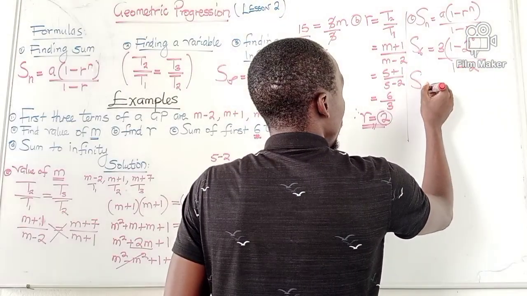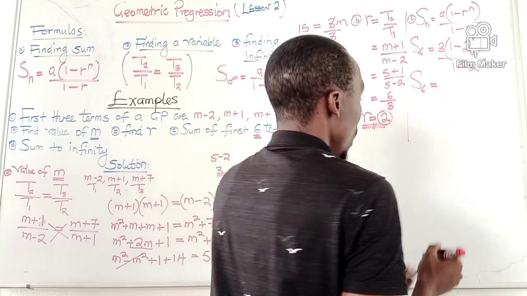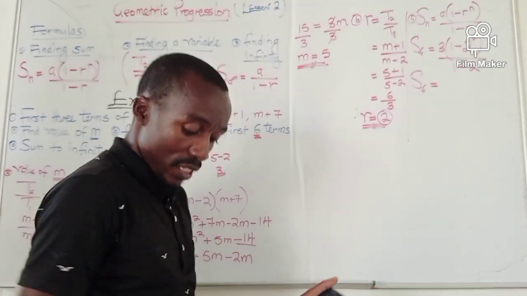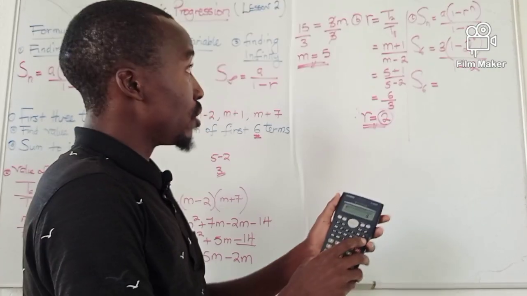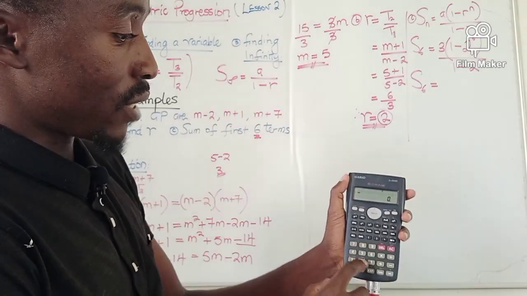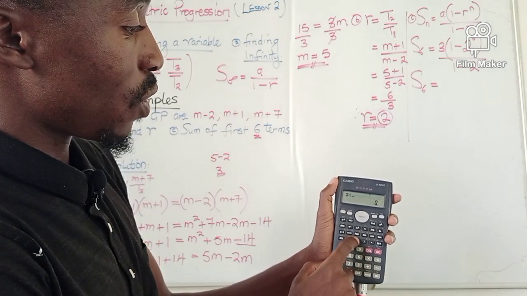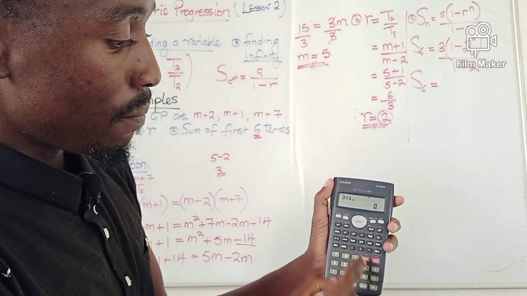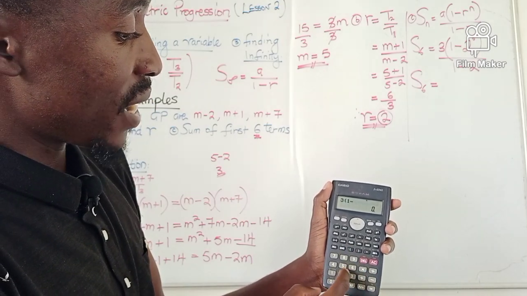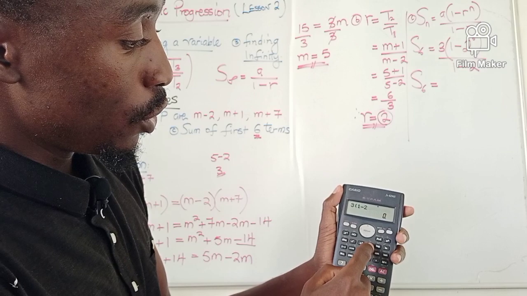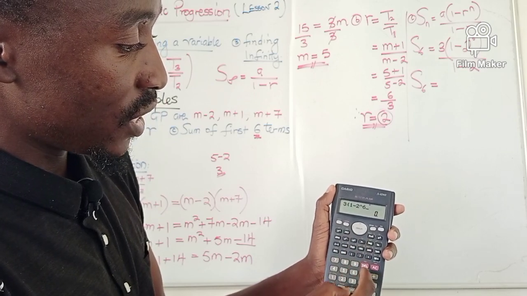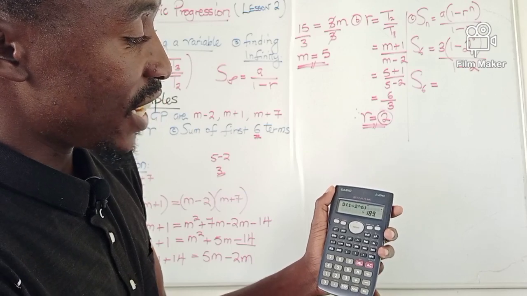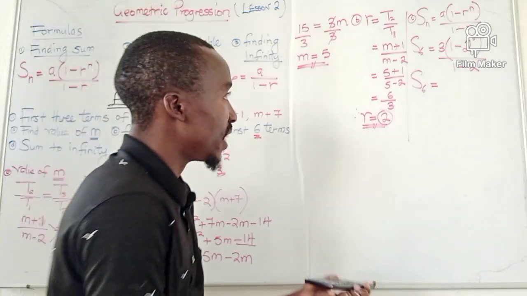So say the sum of the first 6 terms will be equal to, now we're going to punch this on the calculator. So look at this, you say 3, you open brackets, and then we say 1 minus 2 to the power of 6, and then we close the brackets. This will equal negative 189.